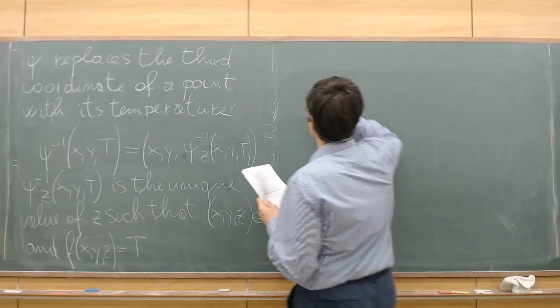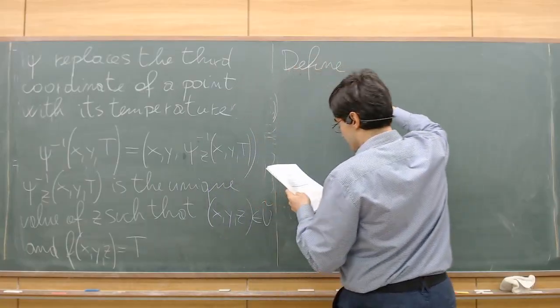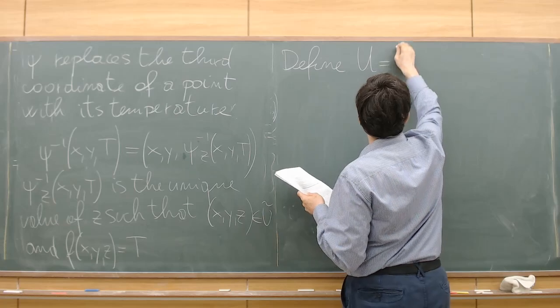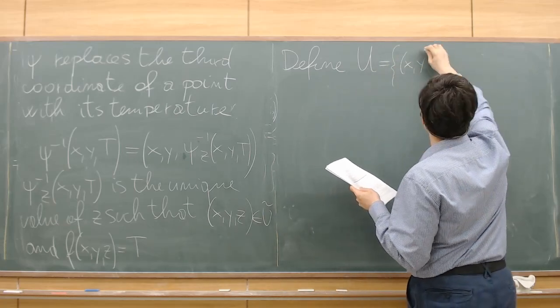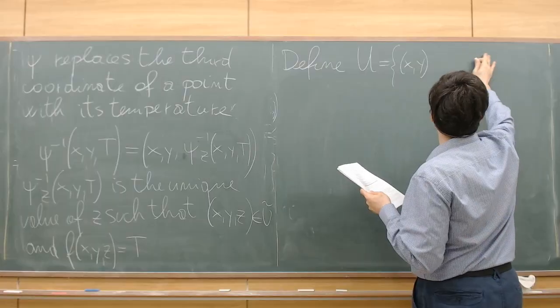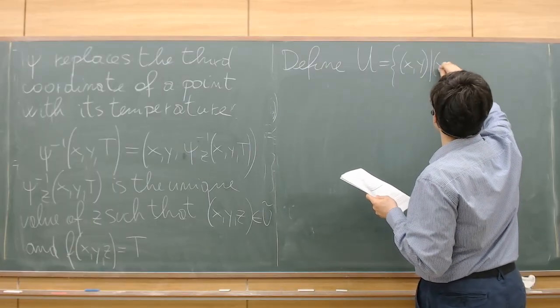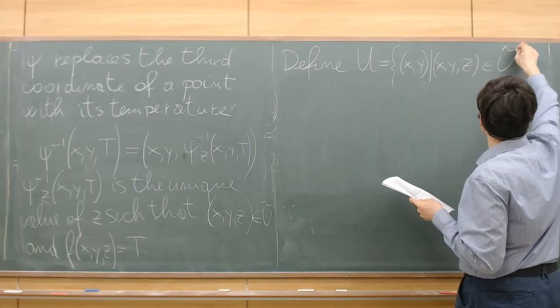Okay, now we define U as the set of points of coordinates x, y such that x, y, z is in U tilde.